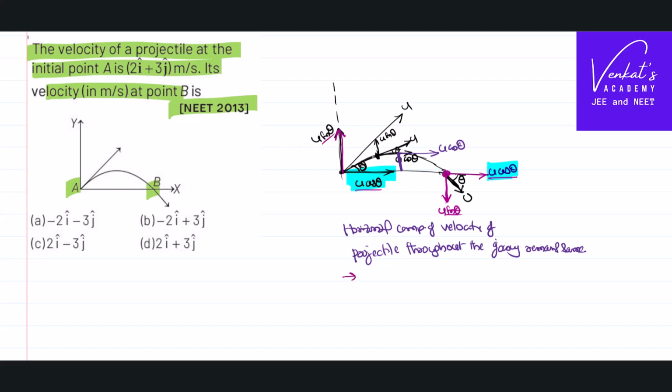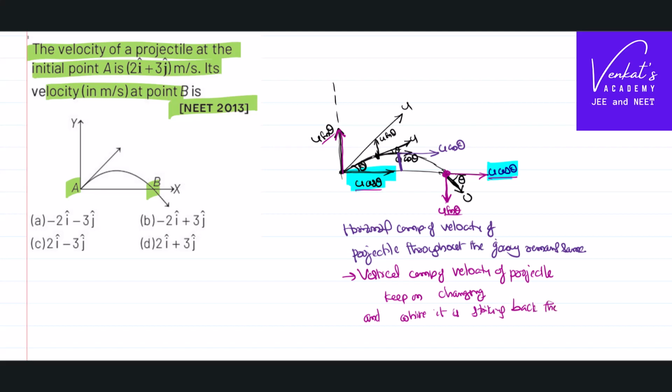So what we can say further? Vertical component of velocity of a projectile keeps on changing, and while it is striking back the same point of reference, I mean to say this point, when compared with this point, vertical component Vy gets reversed.